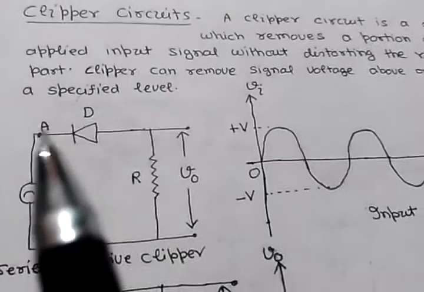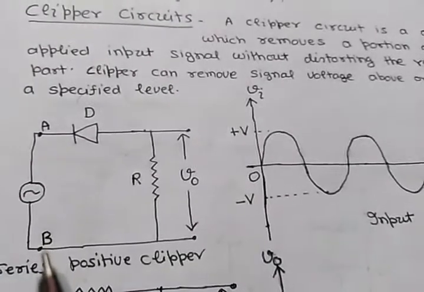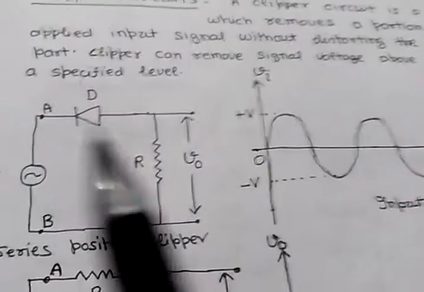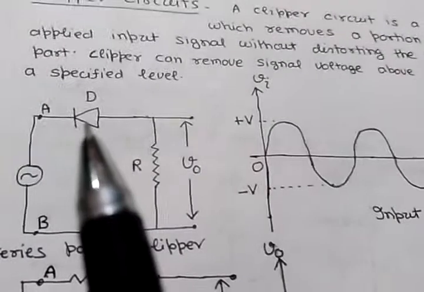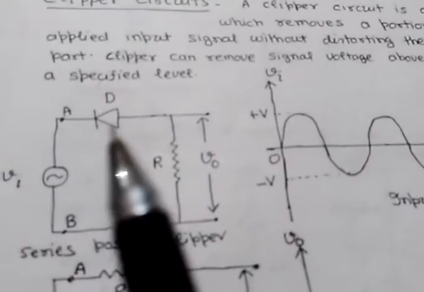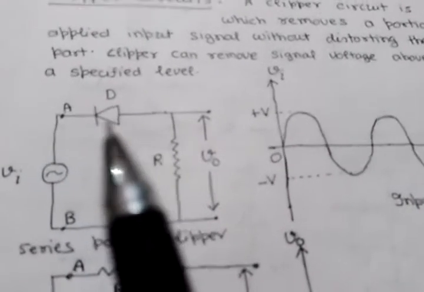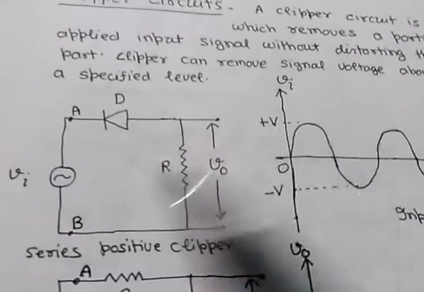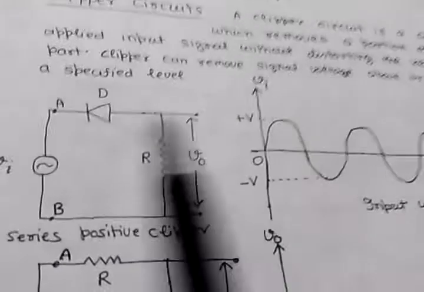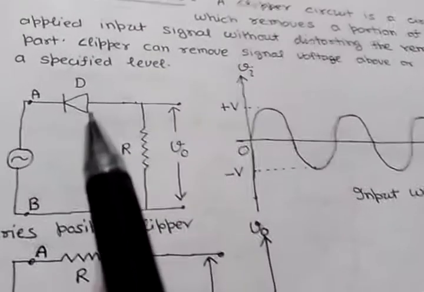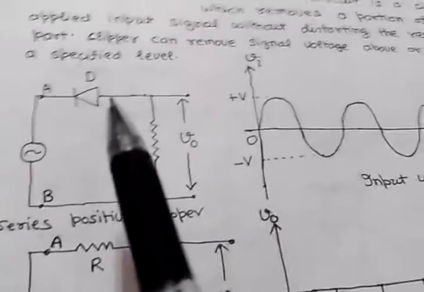In this case, the diode D will be in forward biased condition, and we can replace this forward biased diode by a short circuit.